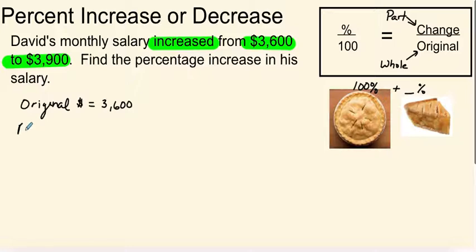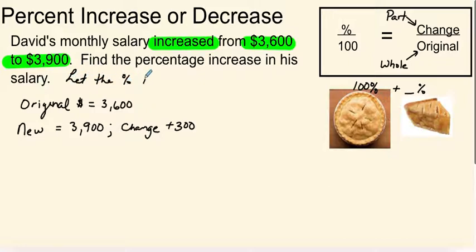The new amount is $3,900, which means that the change is adding $300, right? From 3,600 to 3,900. And the problem is asking me to find the percentage increase. So let's define that as our unknown.